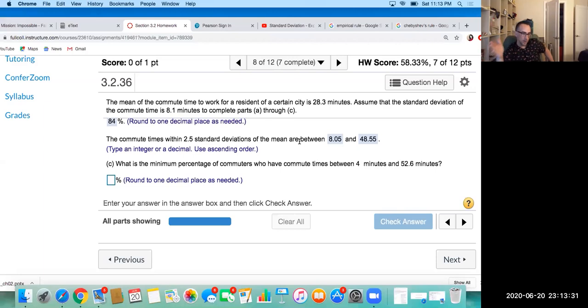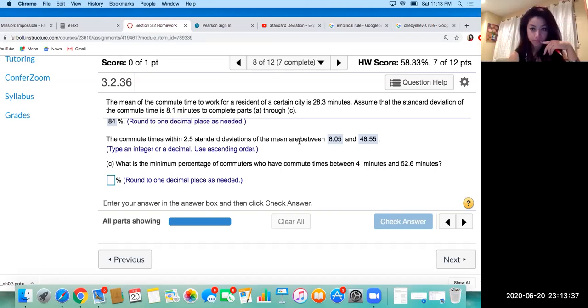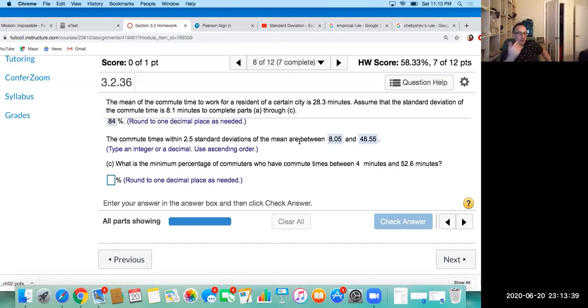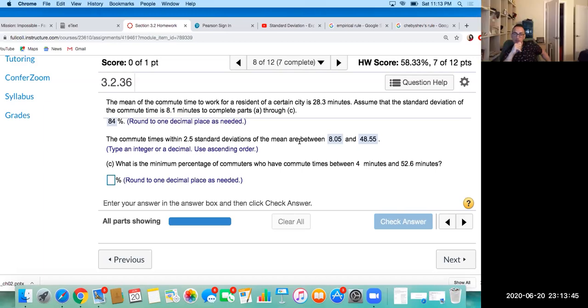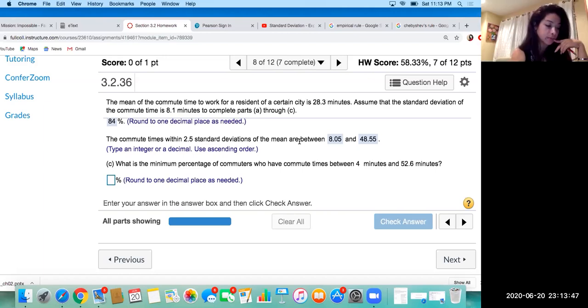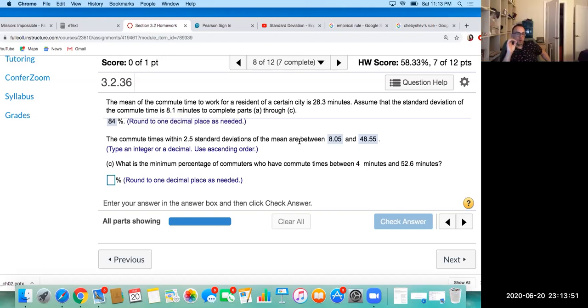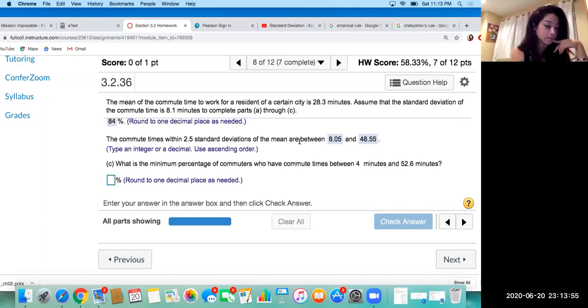Now divide that by 8.1, and that's your K. 24.3 divided by 8.1. That's the standard deviation. 3.